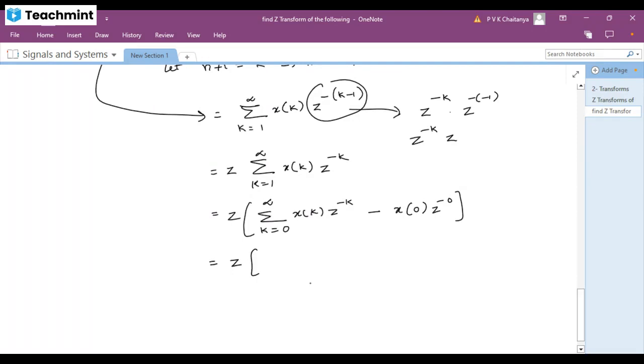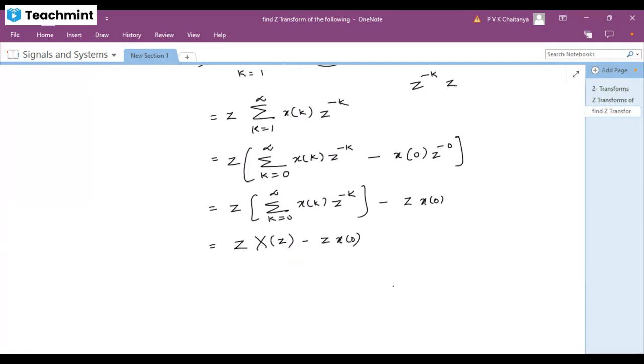So z into sigma k is equal to 0 to infinity x of k z power minus k, minus z power 0 is 1, so this I can write as z into x of 0. I'll be dividing the z. So this is z into X of z minus z into x of 0.